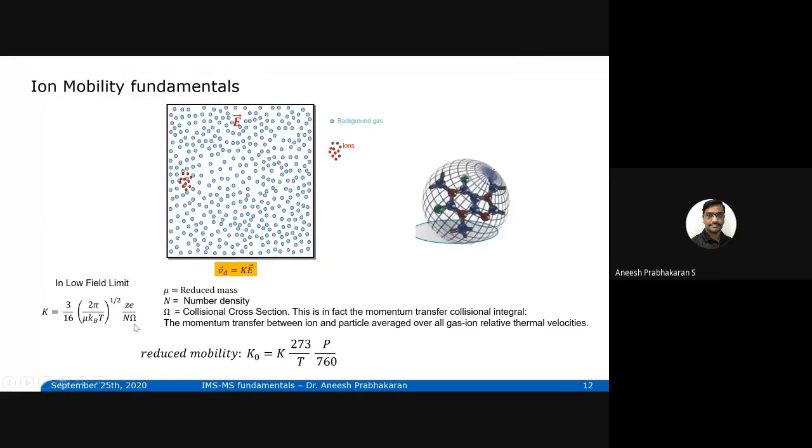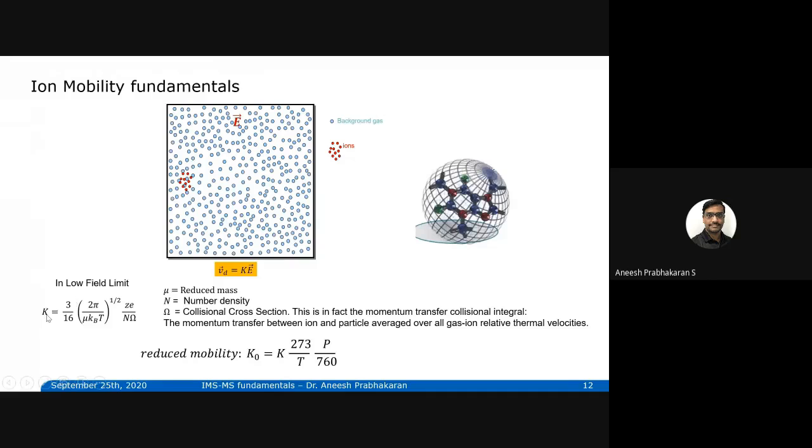So it depends upon how polar the molecules are, and the dipole moment of the molecules and so on. But still, this has the information about the cross section. This is what we want. If we get this information, we know the shape of the molecule.